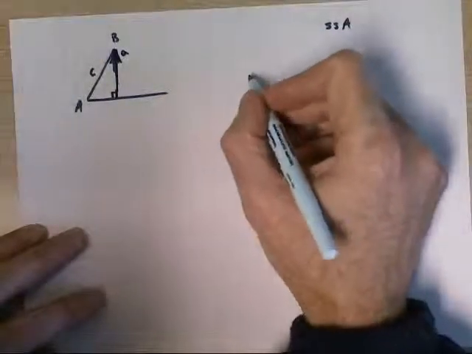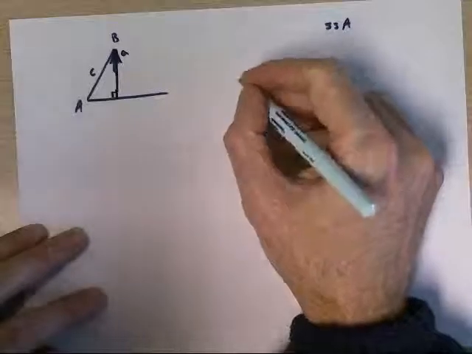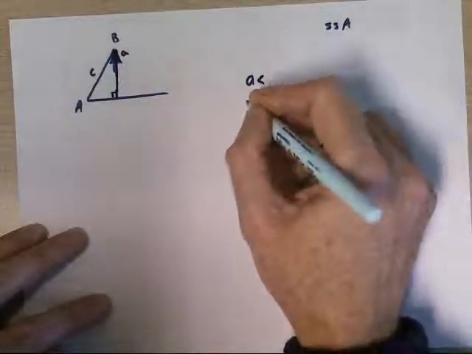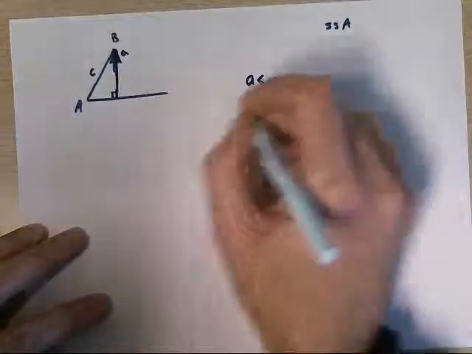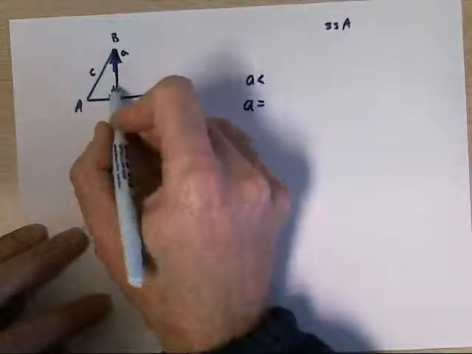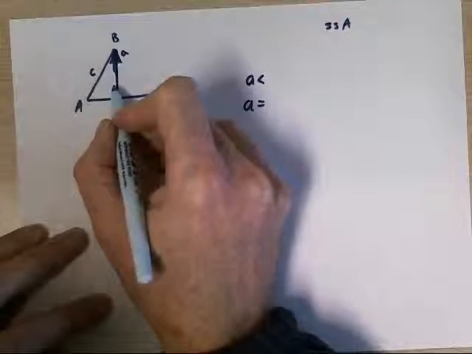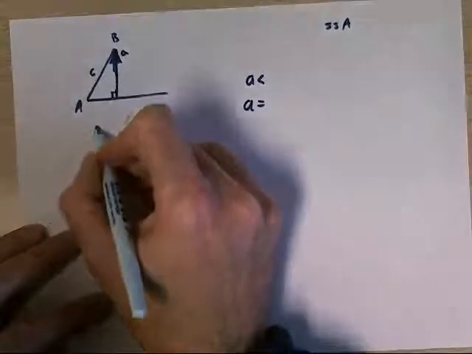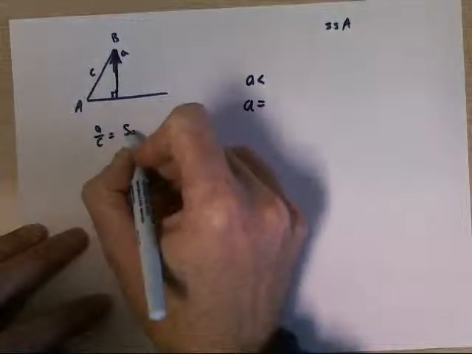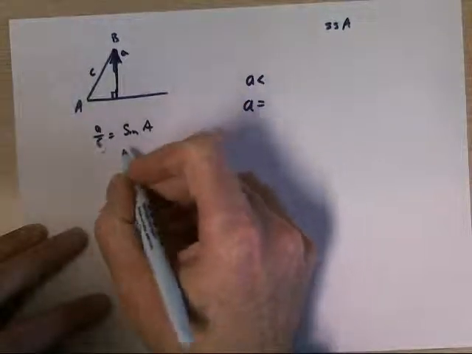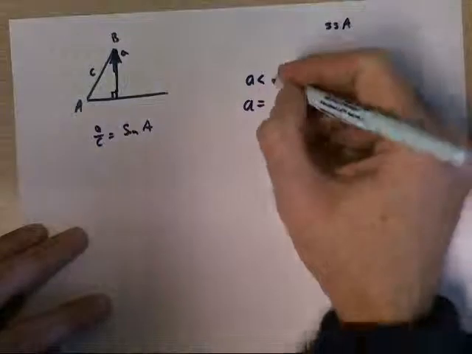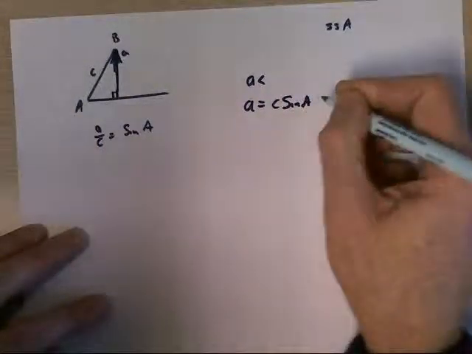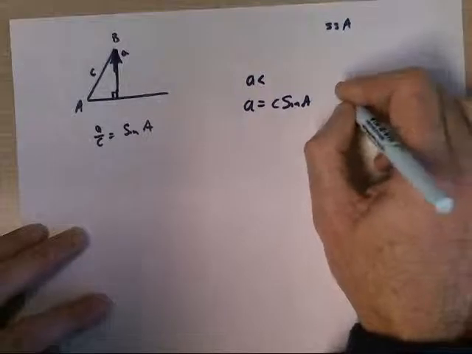So there's some problems here. Either a is going to be less than some threshold, or a is going to equal that threshold perfectly. And what is that threshold? Well, at this situation right here, that's a right angle, then a divided by c is going to be the sine of angle A. So a is c sine A. So when a is equal to c times the sine of angle A, then there's going to be one solution.